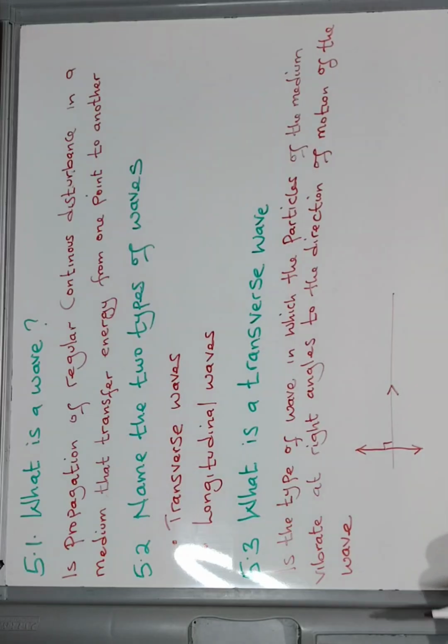So whereas the wave is moving to the right, the particles are vibrating up and down, as we can see here. So when you establish this situation, it means that you are dealing with a transverse wave. Okay, let's look at the next question.